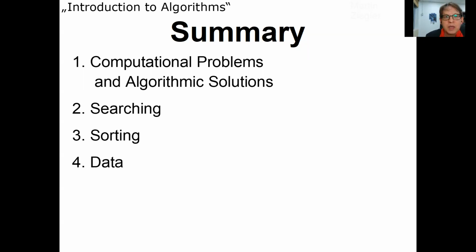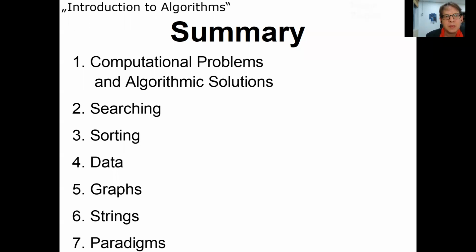Then we talked about data and data types and how they build up from single bits up to more complicated data types, including linked structures. We talked about graphs and graph problems, various algorithms involving graphs as linked data structures. We talked about string problems and string algorithms. And finally, we talked about algorithmic paradigms, generic approaches to algorithm design problems.